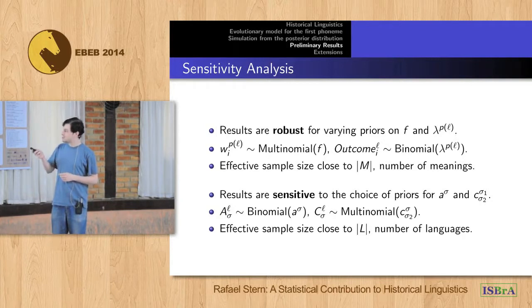And that's simple because the effective sample size is the number of meanings that we have. And usually we have about 200 meanings. But the results are very sensitive to what types of sound changes happen. And the types of sound changes are given by the variables A and C. And that happens because the effective sample size is close to the number of languages. And here we are using just a couple of them, 4 or 5.